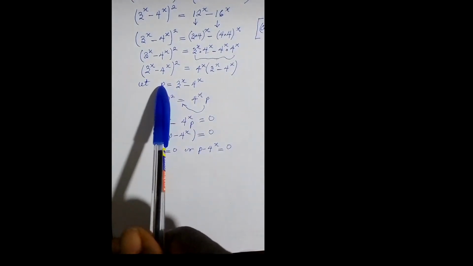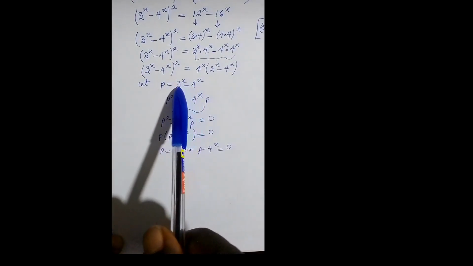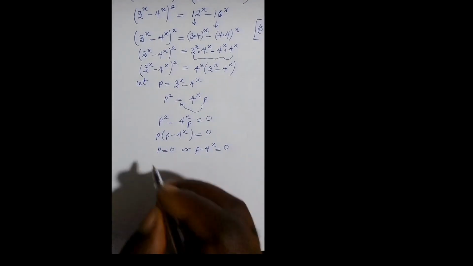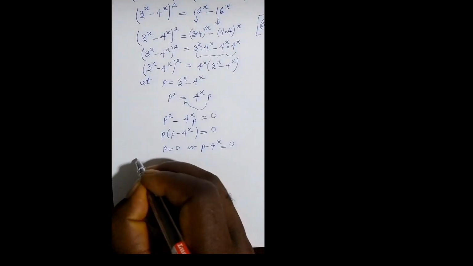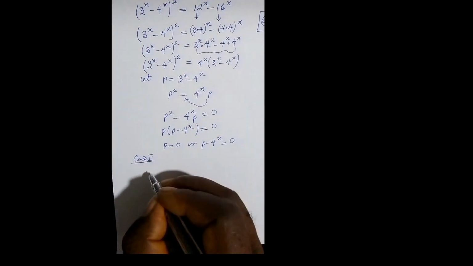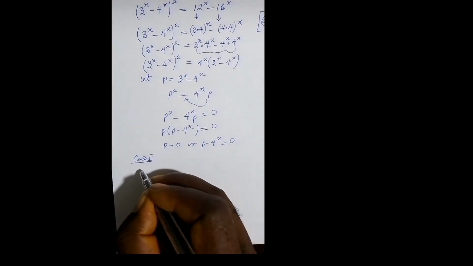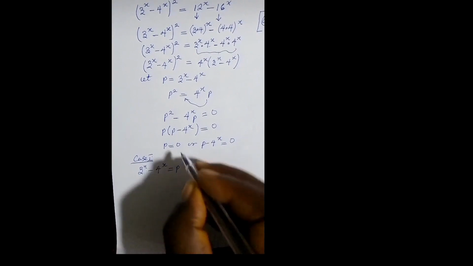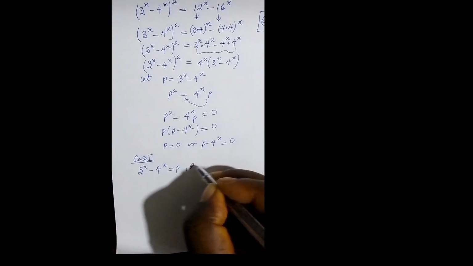Don't forget we have said that p should represent 3 to the power of x minus 4 to the power of x. So we take case 1 now. We have 3 to the power of x minus 4 to the power of x equal to p, and p equal to 0.